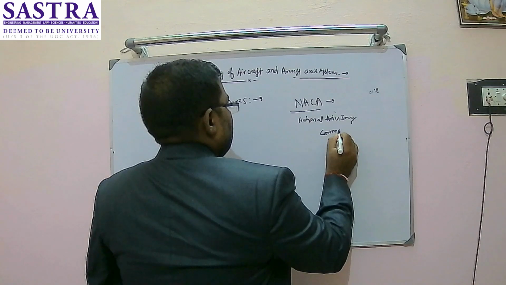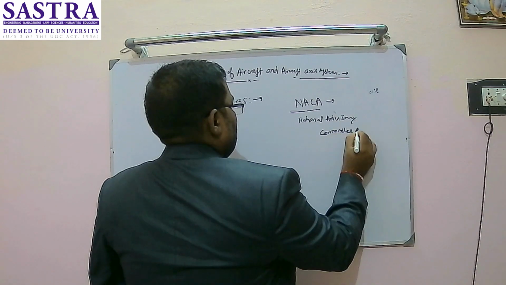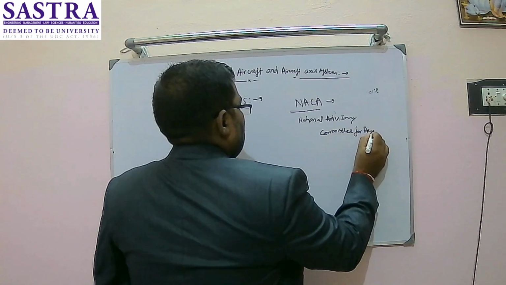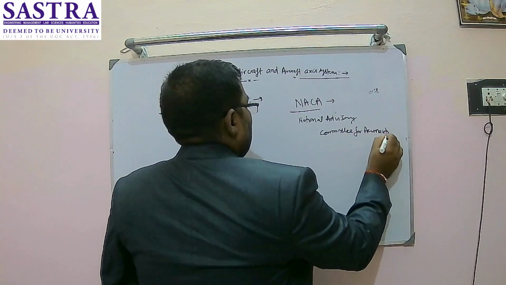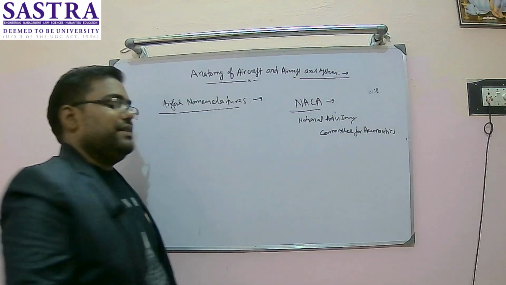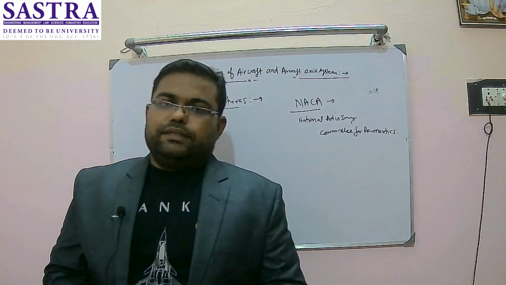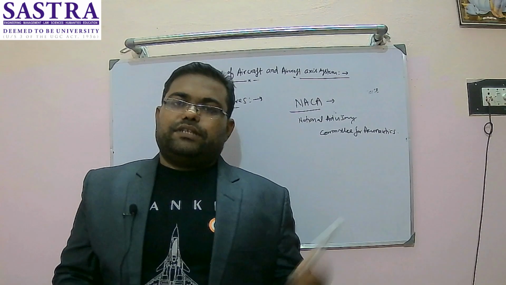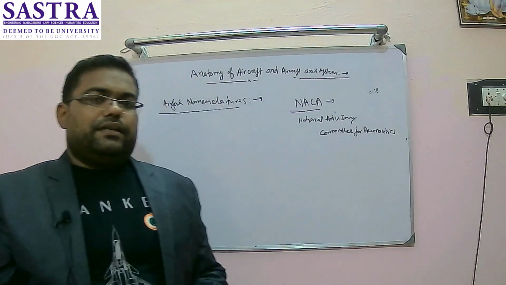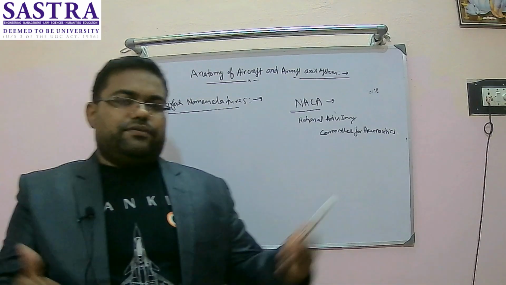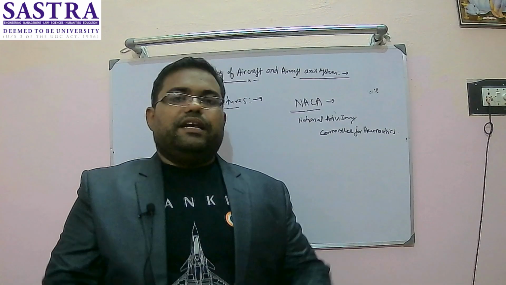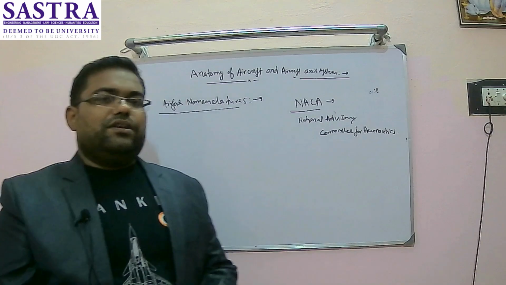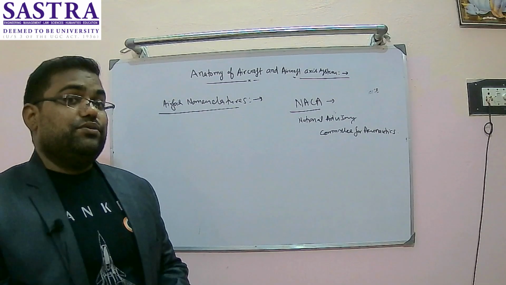This was the organization which conducted a large number of experiments on different airfoil shapes, and finally came up with certain families of airfoils which we are still using today.